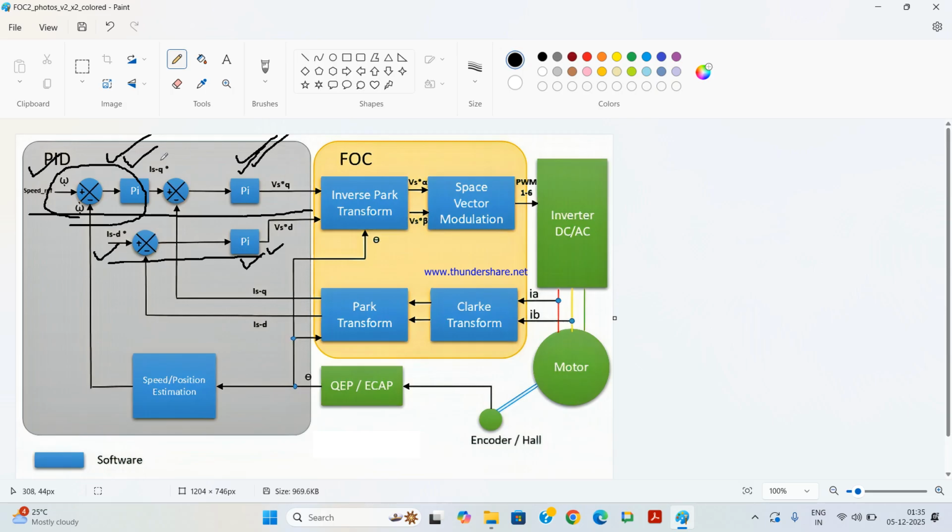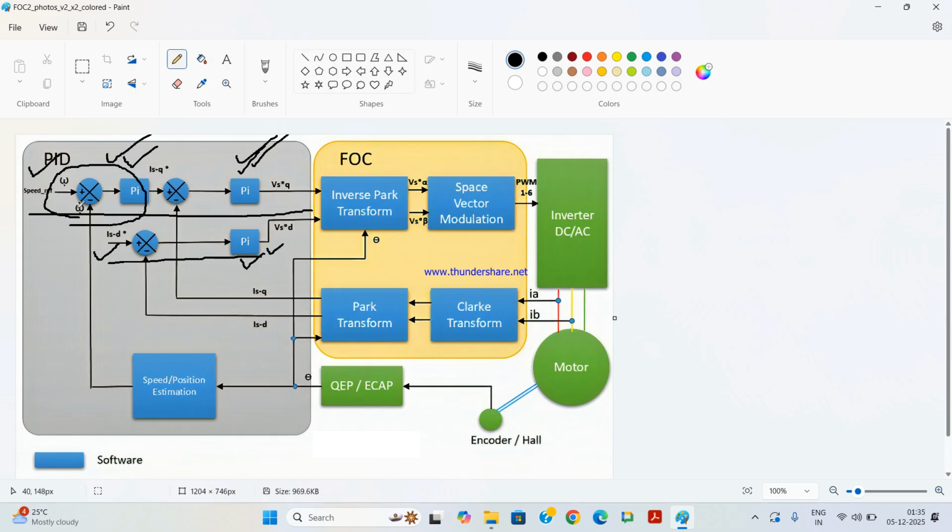Correct? Now coming to the torque loop. Torque is coming from where? Armature current. So in that transformation system, or in this frame of reference, the armature current is the stator quadrature axis component. And when the current is concerned, where is it coming from? It is coming from the stator quadrature axis voltage. So I am summarizing.